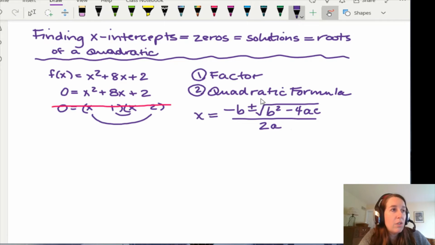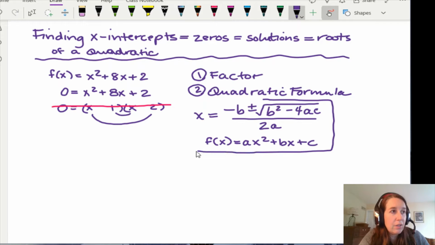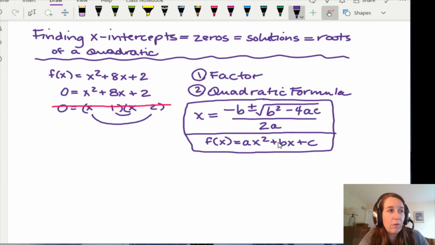Of course, that is from the quadratic equation f of x equals ax squared plus bx plus c. So I would highlight those. Remember to memorize them because we need to understand that the quadratic formula comes from standard form. That's where you're getting the a, b, and c values.